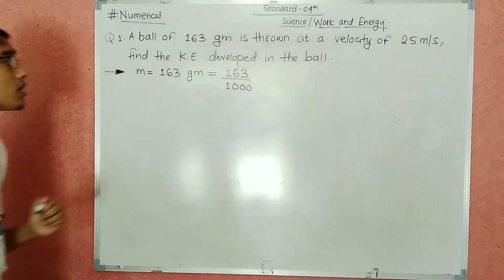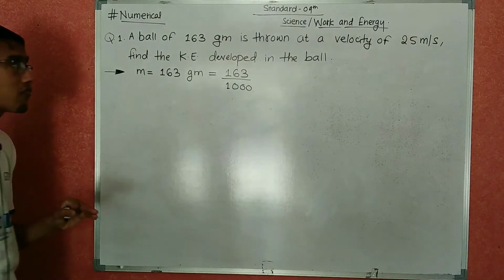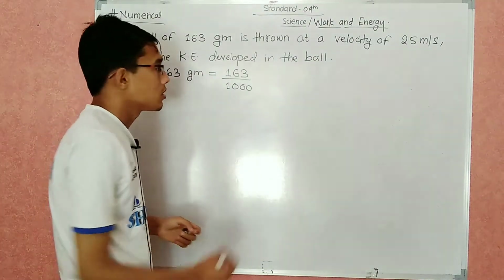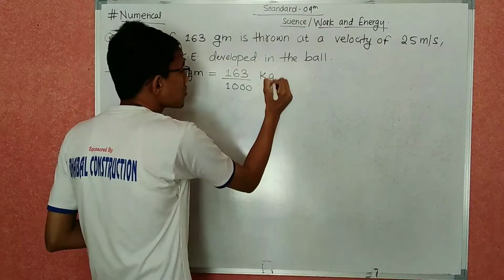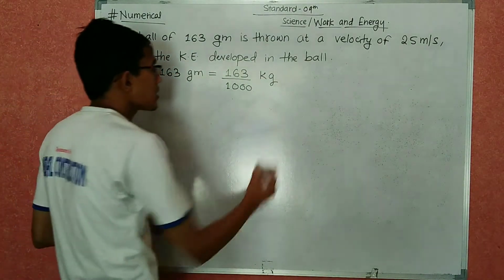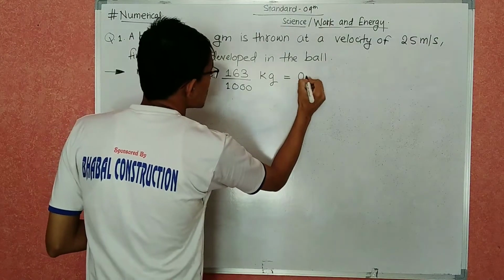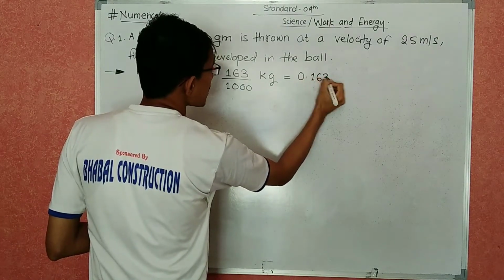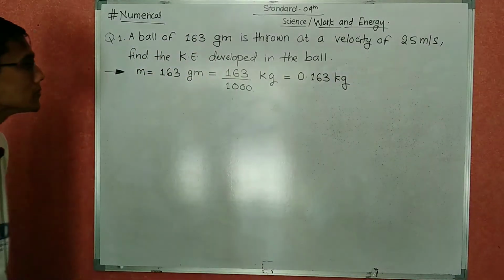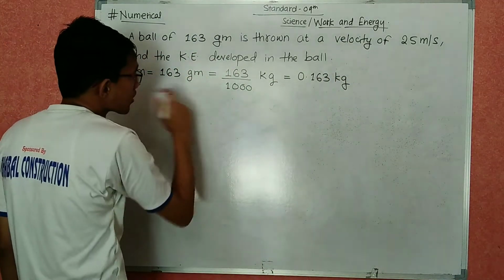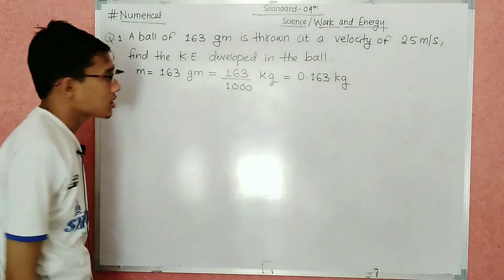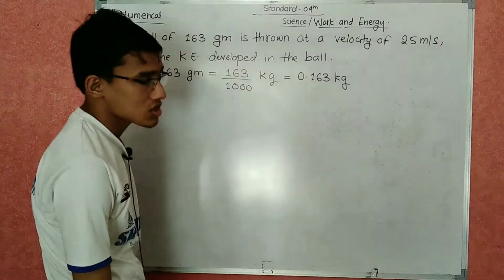To convert gram into kilogram, we have to divide that particular value by 1000. So it will give us the unit in kilograms, that is nothing but 0.163 kg. 1000 is used to divide 163, so it will give us 0.163.